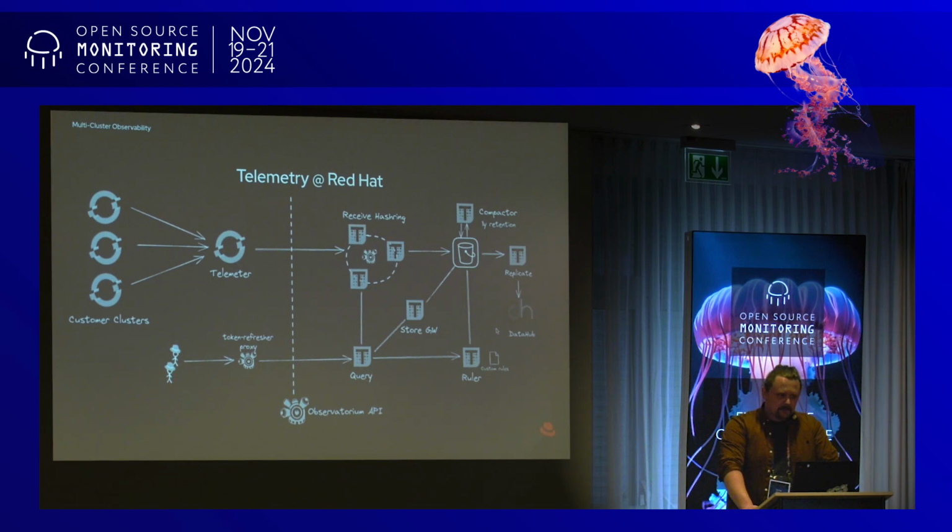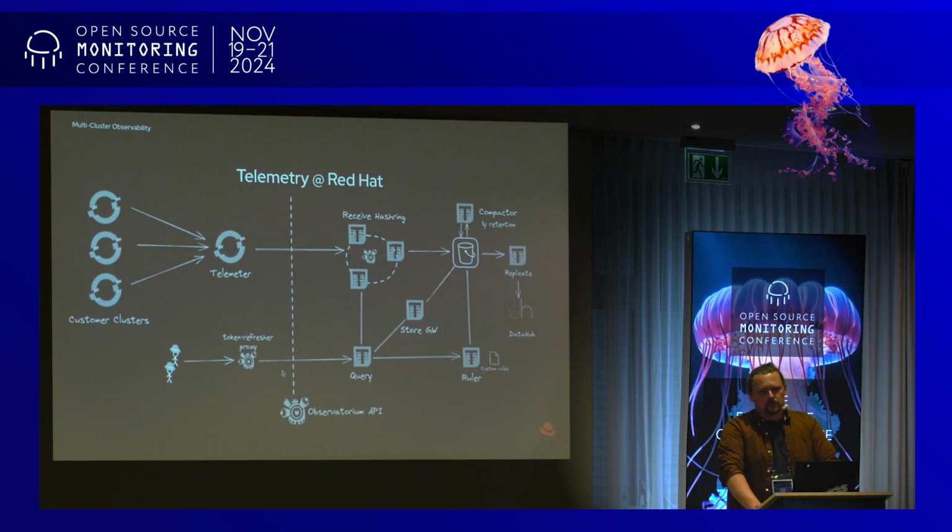The right side is basically the receive architecture from Thanos, which you've just seen, plus an export to an additional system we call Data Hub for really long-term retention and analytics questions. And there's something additional. Here's an additional API in between. This is the so-called Observatorium API.